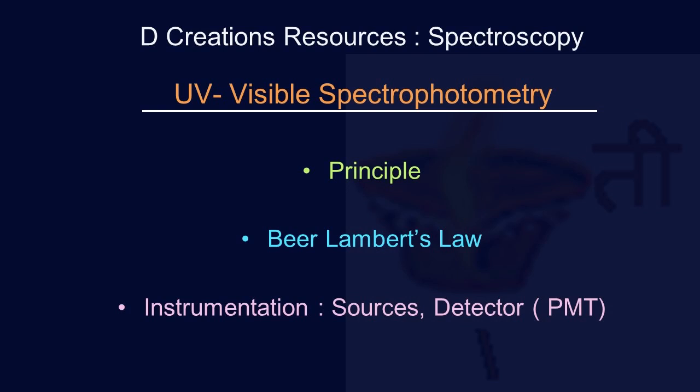Talk about PMT, a photomultiplier tube. It contains a photocathode, diodes, and anode. So these are the three important parts. The photocathode is of course at the front, and it is going to convert the incoming photon into electrons. The principle again is photoelectric effect. Then comes an important role of diodes.